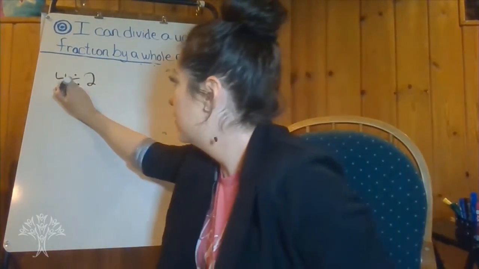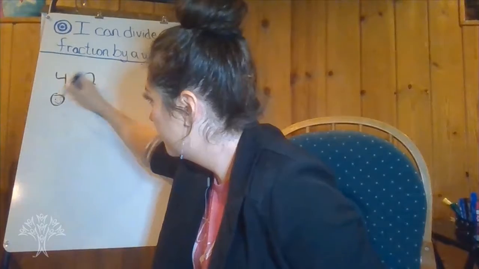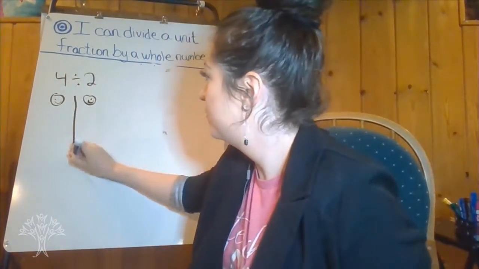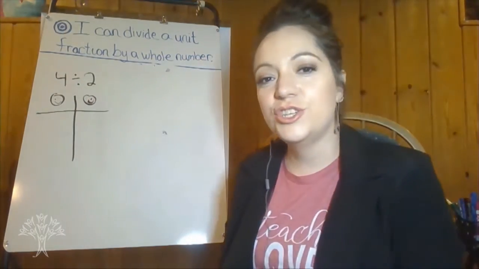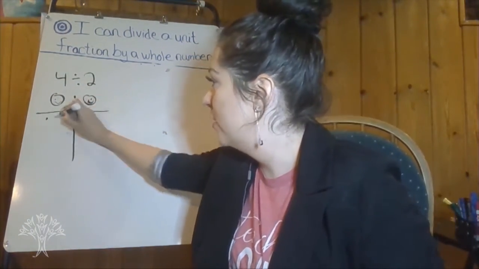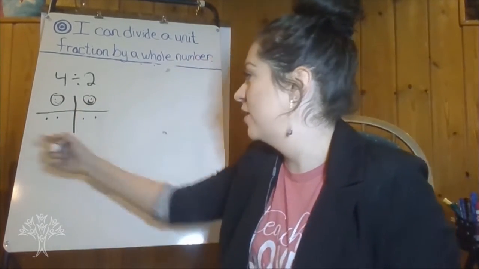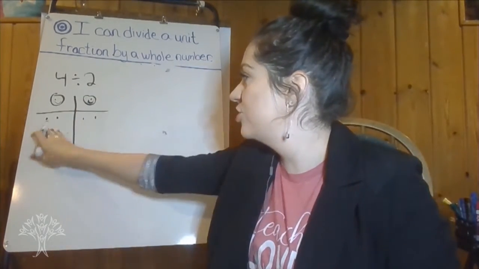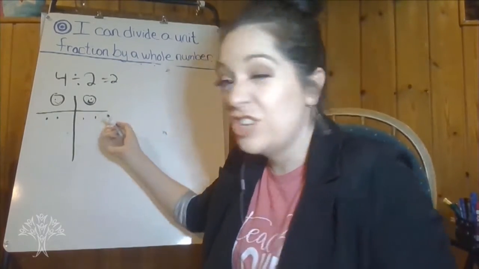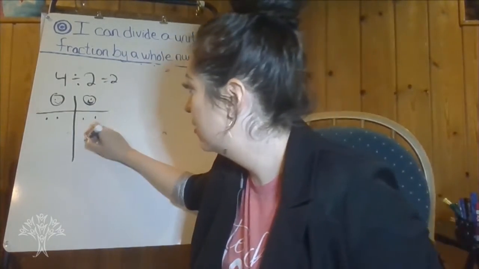Okay, there's one friend and the other. And we're going to share those posters back and forth. You get one, I get one. You get one, I get one. 4 posters, we each get 2. So we shared. That was sharing division.